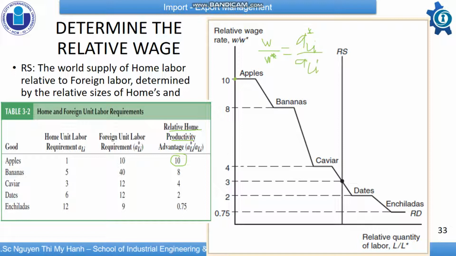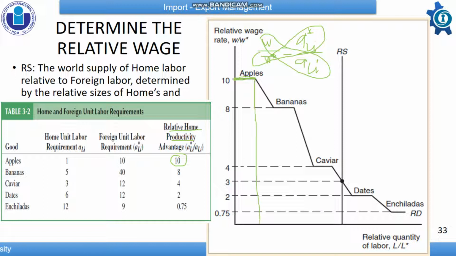It means that the price of the good produced in home country will be equal to the price in foreign country. So both home and foreign country will produce apple. That's why it has a flat shape like this. And here this is 1 divided by 10.